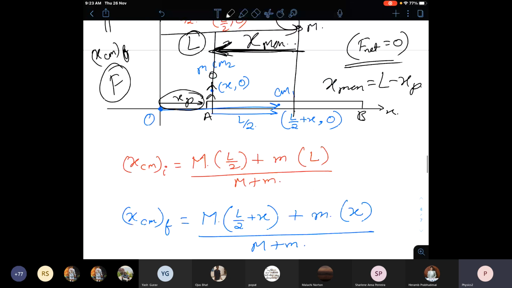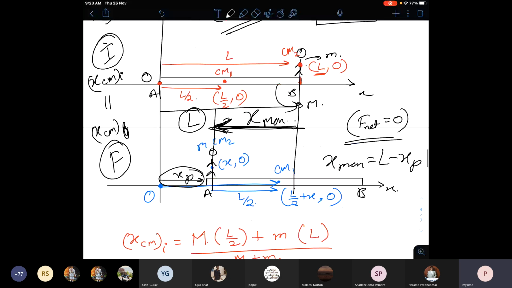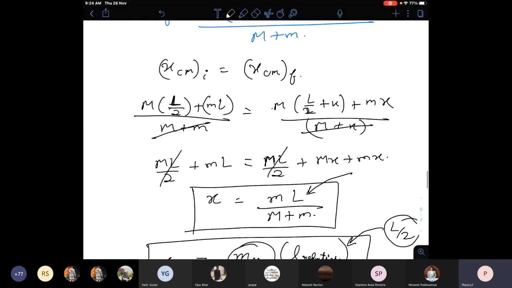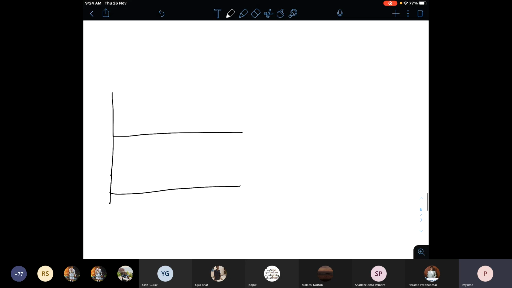I am not saying that the plank is not displaced. I am saying that the center of mass is not moving anywhere. Don't draw this diagram, it has become very complicated, just see it for explanation purposes.